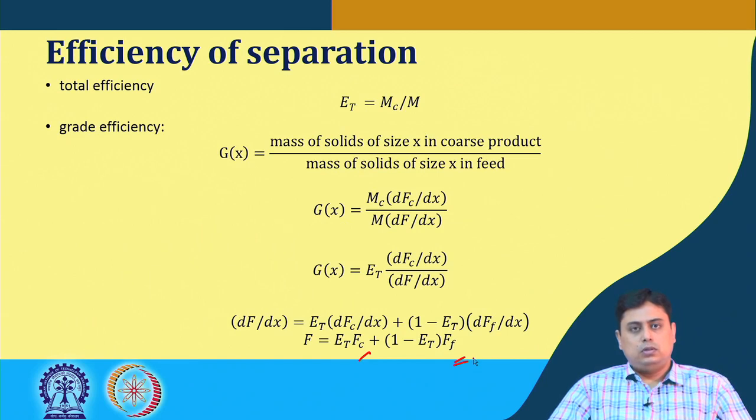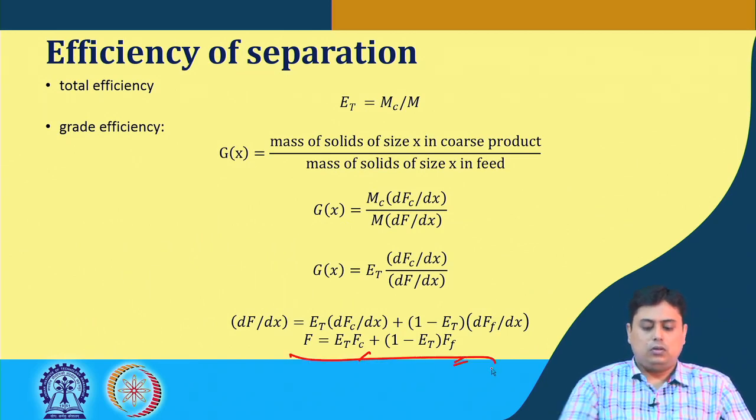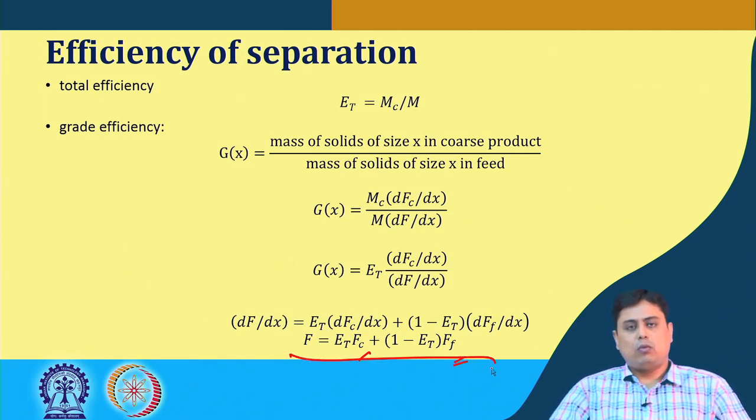So, this is one of the important expressions for the case of the cyclone separator, and what we have seen is how to determine the grade efficiency and the overall efficiency.